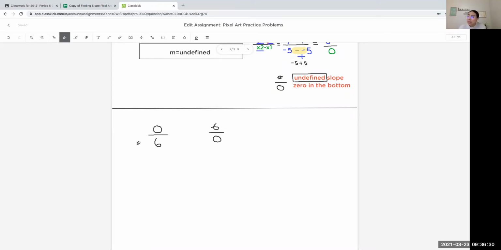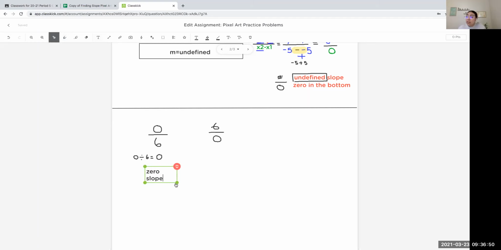Those are different, because this is saying 0 divided by 6, which is just 0. You could ask yourself, 6 times something gives me 0. Well, 6 times 0 will be 0. So this is what we call a zero slope.